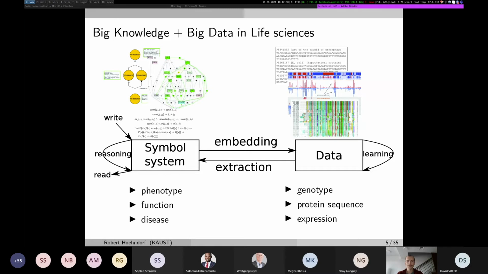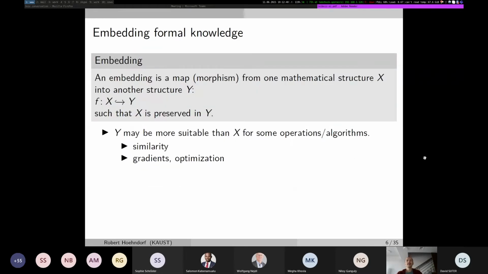So the first part is I want to talk about embedding methods, specifically for biomedical knowledge bases, including ontologies. And embeddings, I like to define this first. So an embedding is a morphism from one mathematical structure X into another structure, Y. So it's a structure preserving map between two mathematical structures.